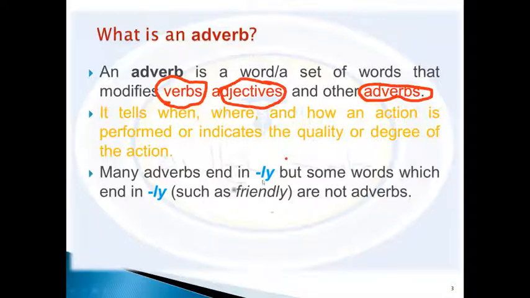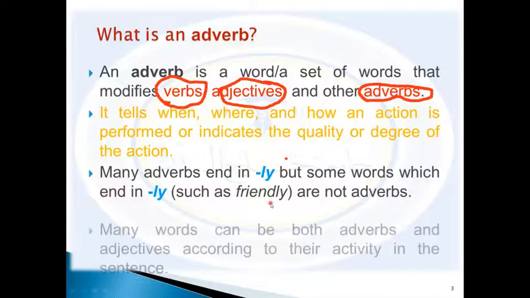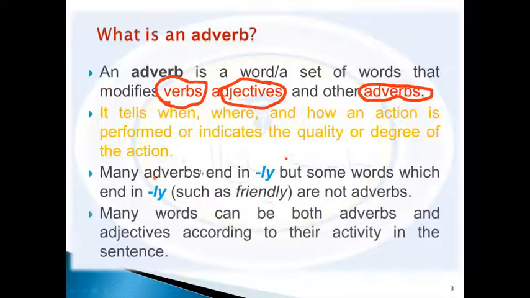Here we can say friendly is one of the exceptional cases. It is what? An adjective, friendly. So the general rule of adverbs, or some of the adverbs, okay, we'll find at the end of them ly. Beautifully, cleverly, okay, and also quickly.